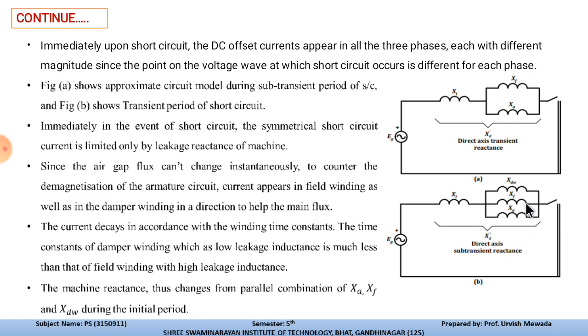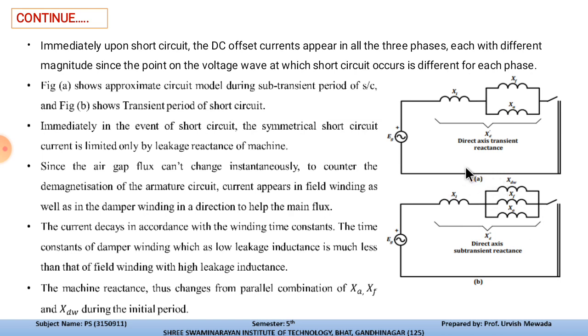So the damper winding also comes into the picture in parallel with XF and XA. XDW means the reactance of the damper winding, and the field winding and the armature winding are all in parallel, and the leakage reactance remains in series. So this is the total reactance offered by the synchronous machine at the time of short circuit.